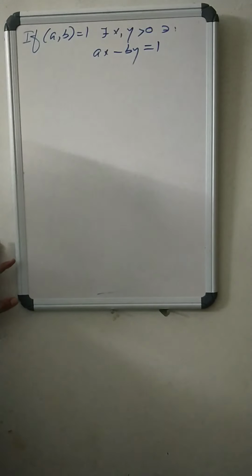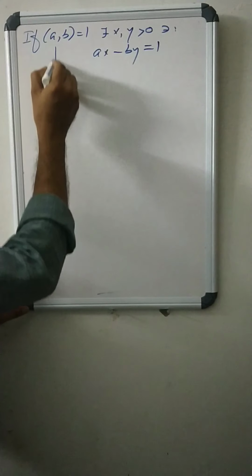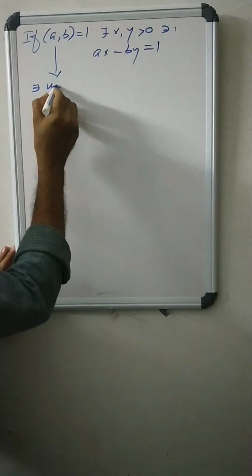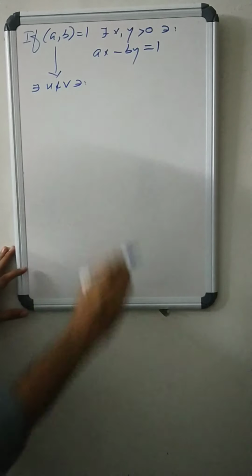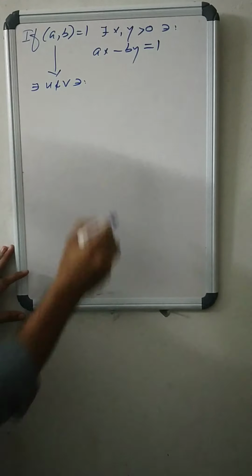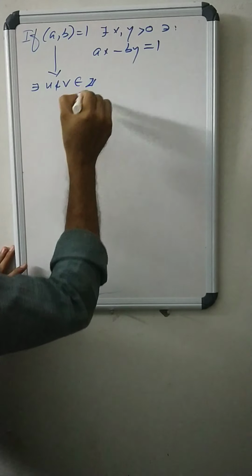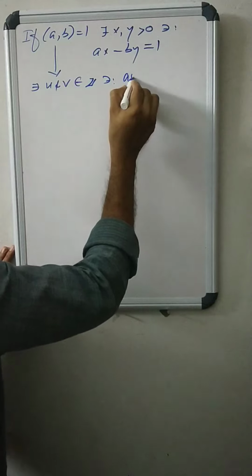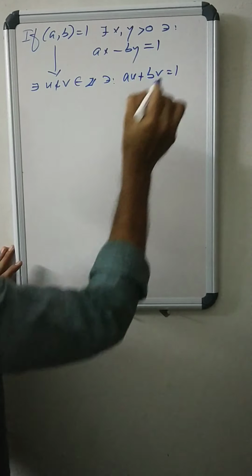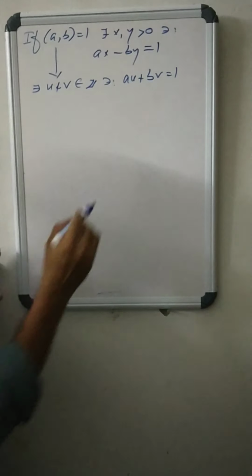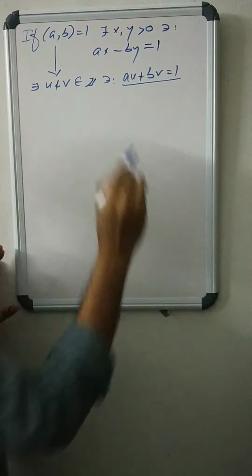So listen, when A and B are relatively prime, we know that there exist u and v, integers, such that au plus bv equals 1.